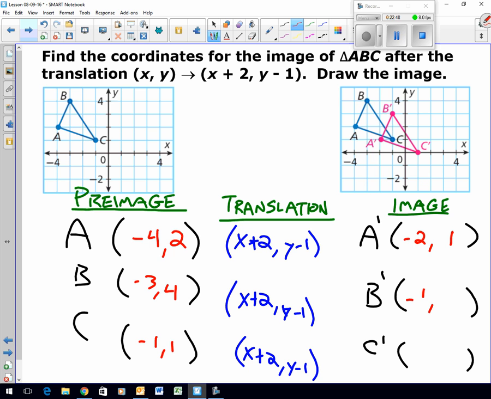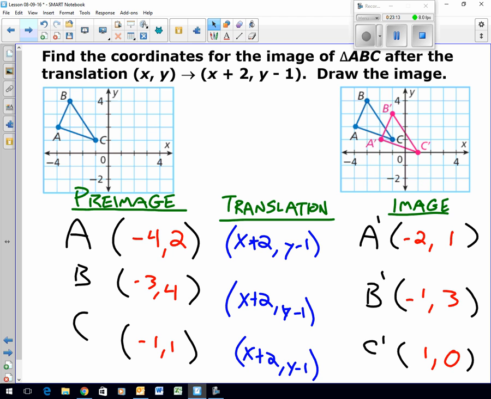Gavin, 4 minus 1? I got it. 3. 2 and 3. Gavin, what's -1 plus 2? Good. I got it. 1 minus 1, 0. So after I translate that triangle, these are my new or prime coordinate points.